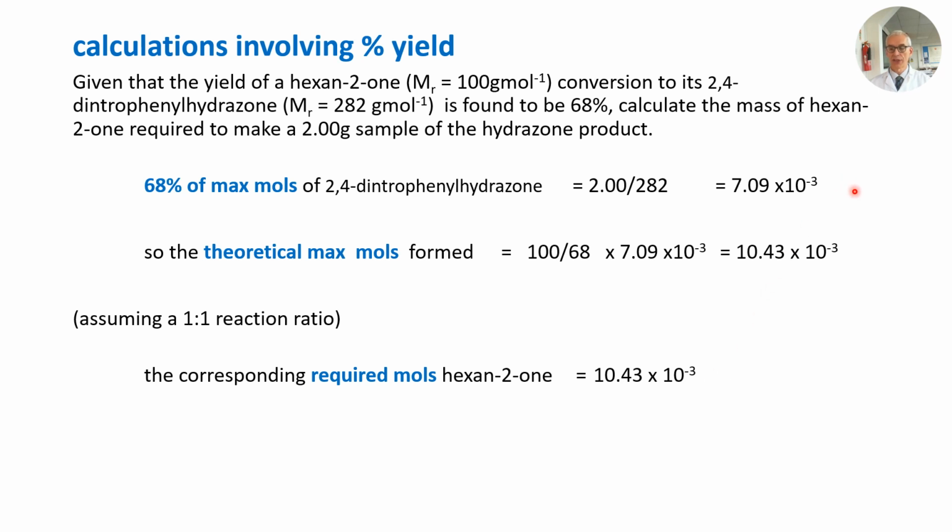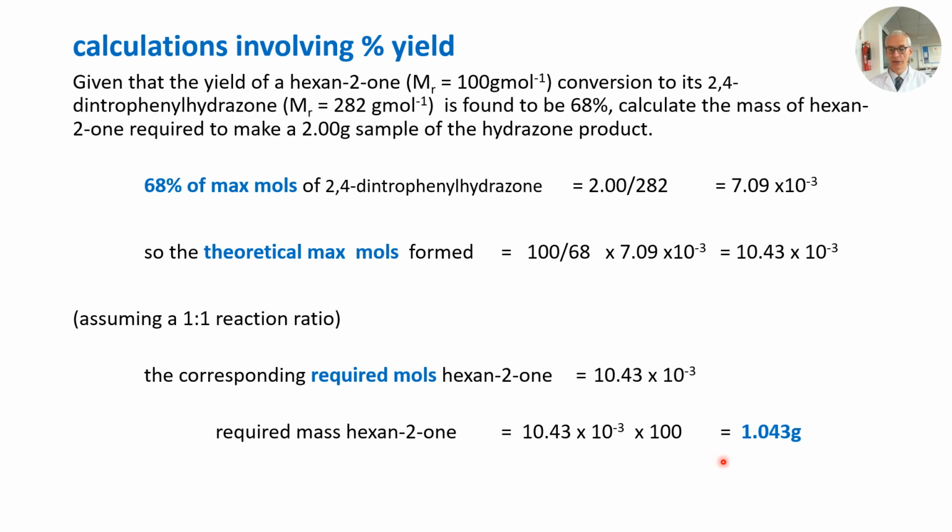So what I've done is I've said that 2 grams is only 68% of the maximum theoretical number of moles. So I then work out how many moles 2 grams is and then multiply that up to give me 100%. That 100% would come from a corresponding number of moles of hexane-2-one, 10.43 times 10 to the minus 3, assuming a 1-to-1 ratio.